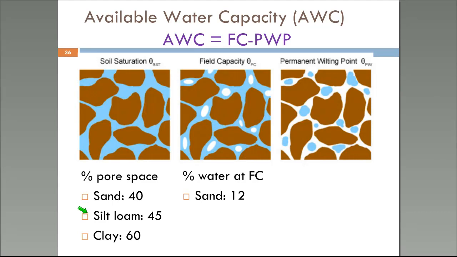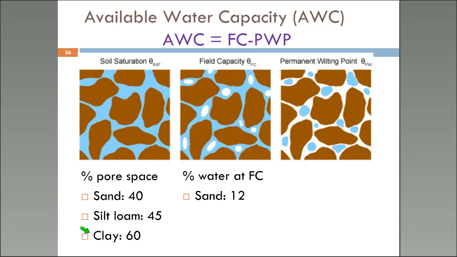Whereas a silt loam, I mentioned that a loamy soil is basically equal components of sand, silt, and clay. It's kind of the most desirable, primarily because of its porosity and water holding characteristics.